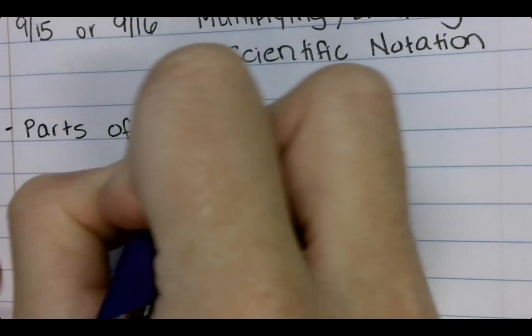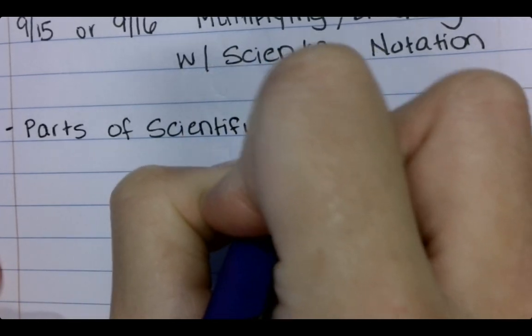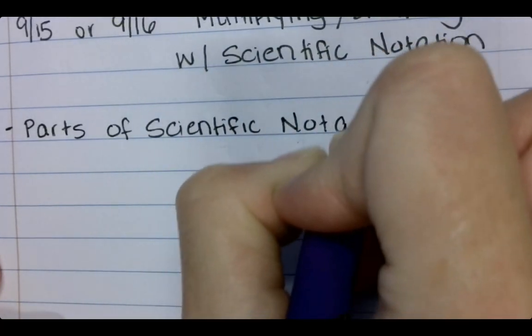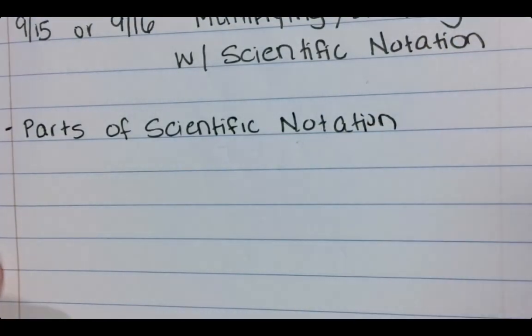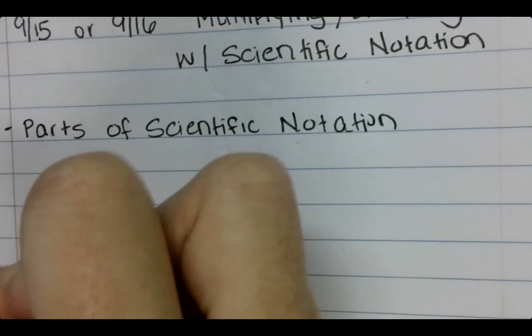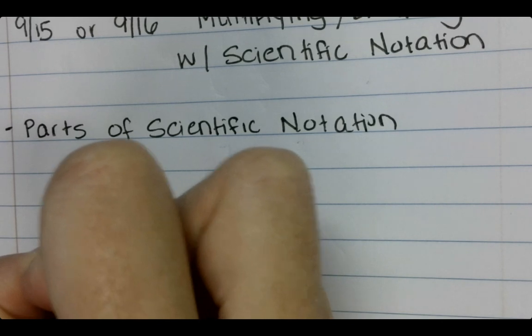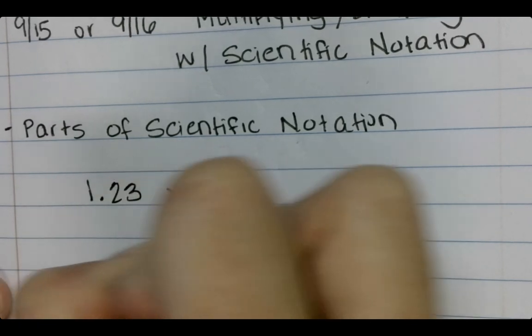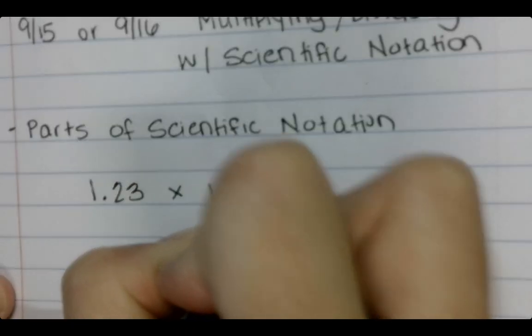So the first thing we're going to look at is the parts of scientific notation. The first thing we need to know is, let's write this down: 1.23, so 1 and 23 hundredths, times 10 to the fourth.